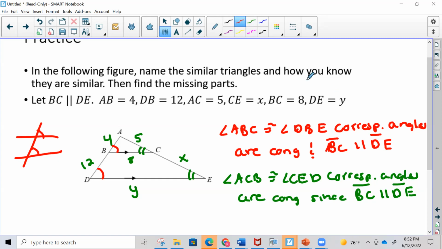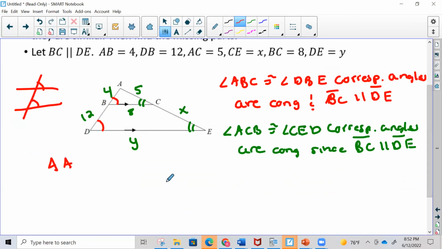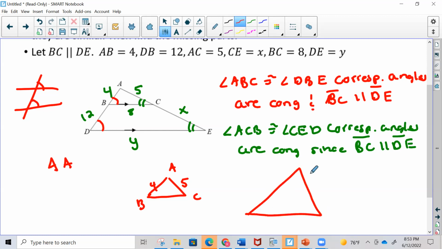Great, and that's enough. I have two pairs, so these are similar by angle-angle. But you could also say that angle A is equal, because what we're doing is comparing this triangle ABC, which has sides 4 and 5, to this other triangle ADE, and this side is 8.